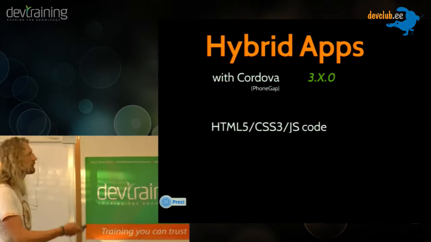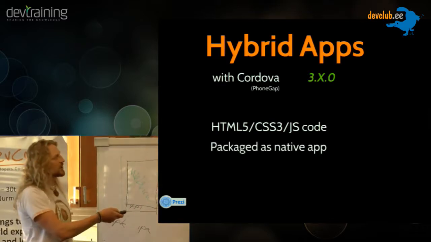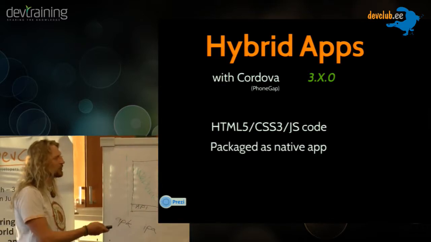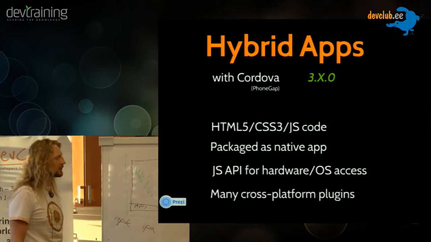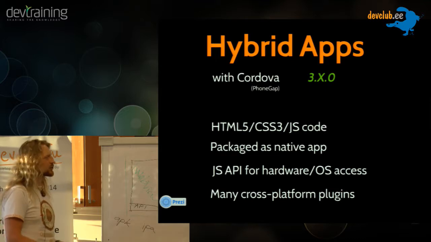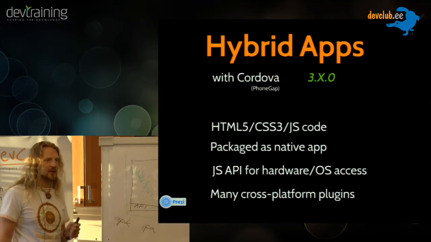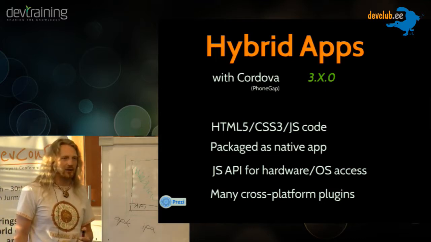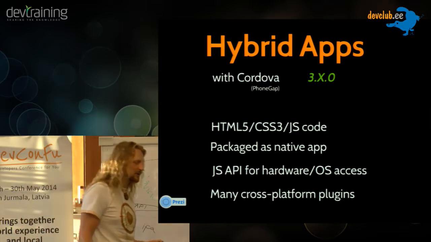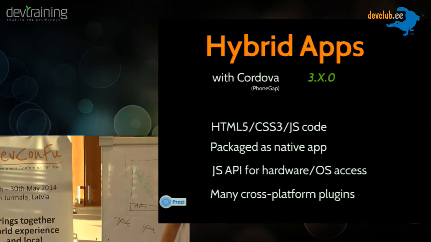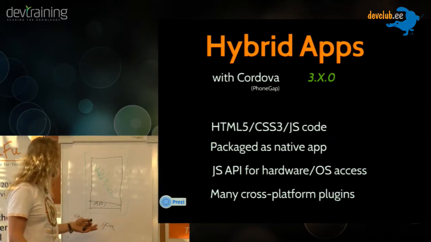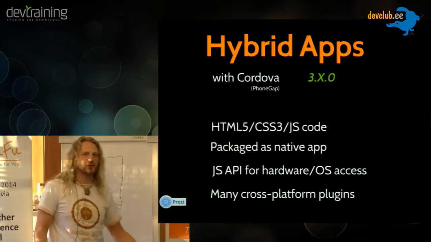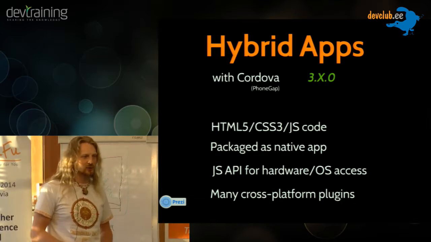So basically you have your HTML, CSS, JavaScript code packaged as a native app with a JavaScript API. Another strength of Cordova is that it has a lot of plugins. For example, when we needed to implement a QR code reader in our app, we could just install a plugin, and it worked for iPhone and Android, and we didn't need to write any native code.